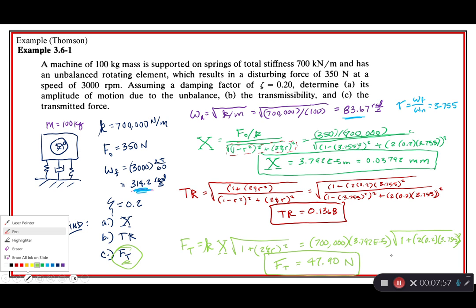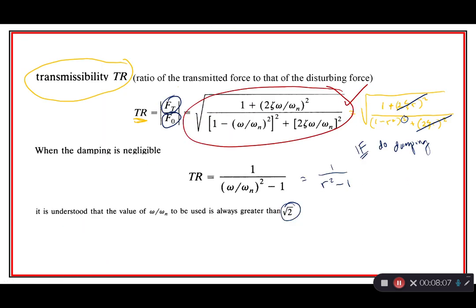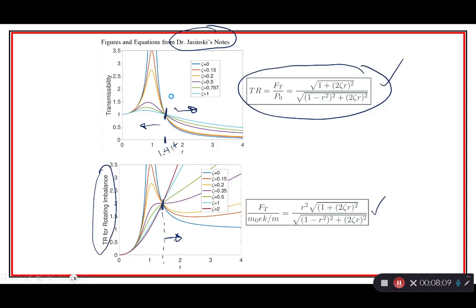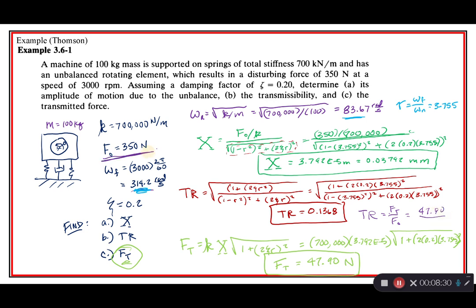And we could check this by taking, if I had enough room, let's see, should I go input versus output? Input versus output, just to make sure I get it right. Ft over F0. And so this transmissibility should also be Ft over F0, which should be equal to 47.90 divided by 350.